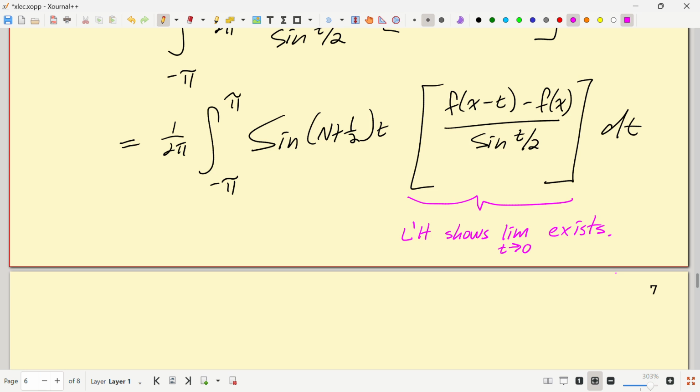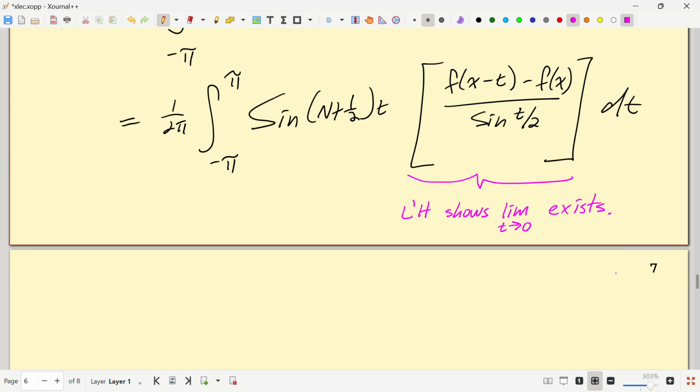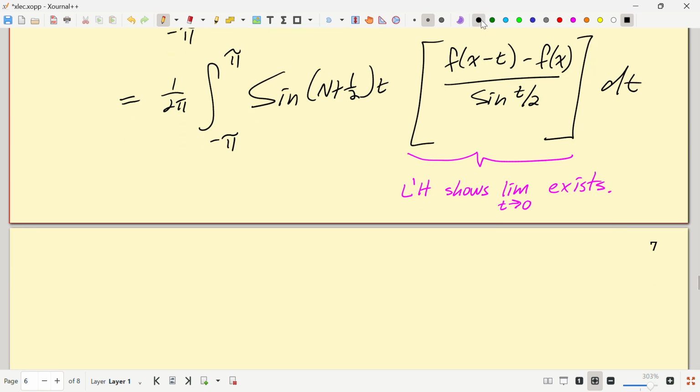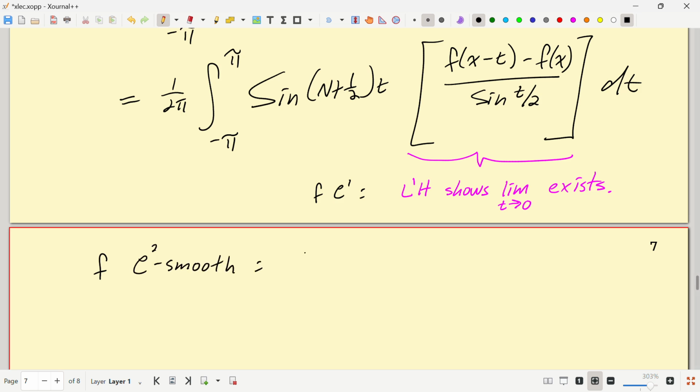And in fact, you can use Taylor's theorem with remainder. So that's all I need is C1 for that to be the case. If f is C2 smooth, the thing inside the big square thing there would be C1 smooth.